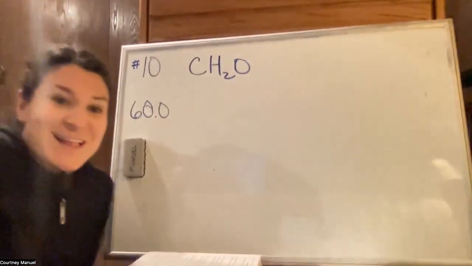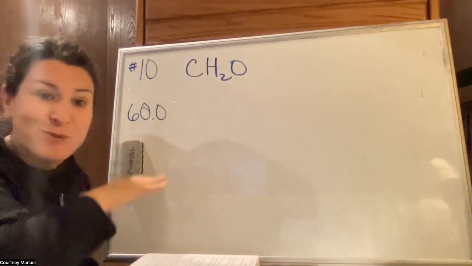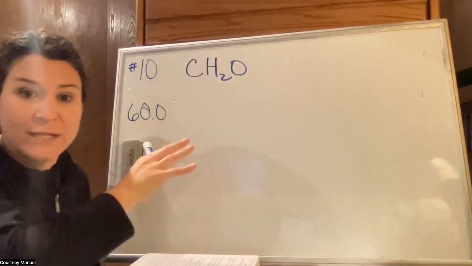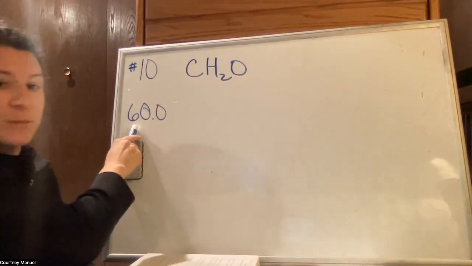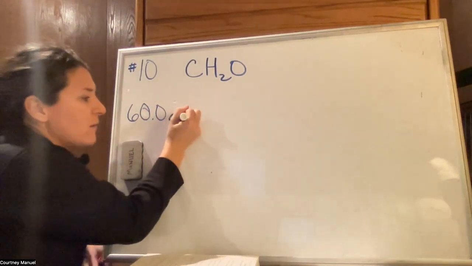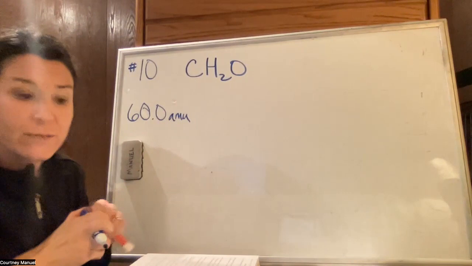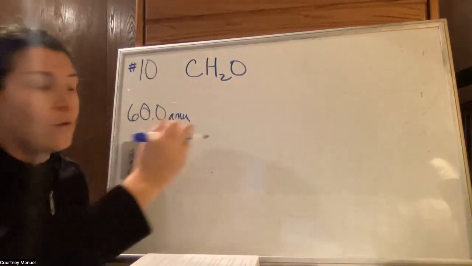Okay, last one. This is the empirical formula. This is its most basic, simple form of their relationship with each other. They want to know what the molecular formula is if it weighs 60 AMUs. So the first thing we need to do is add up what our current empirical formula weighs.